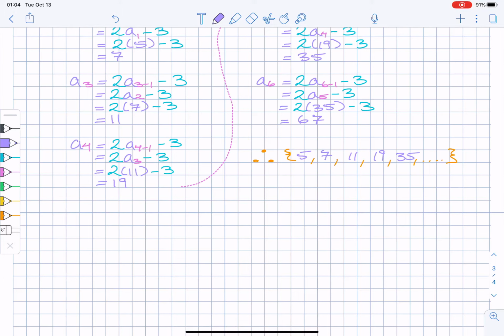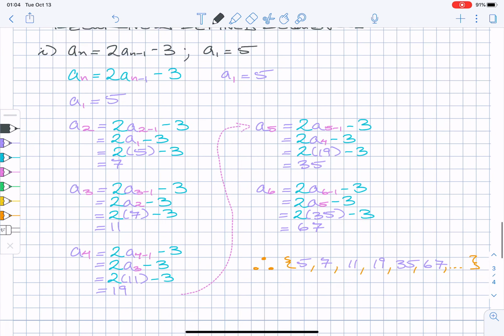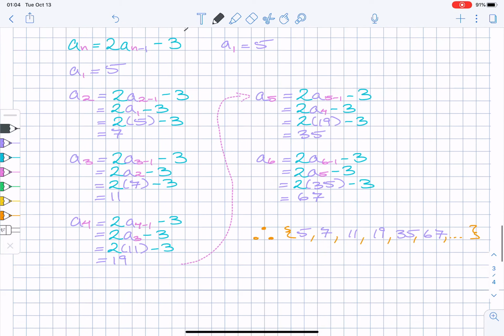Oops, didn't leave enough room for that. And 67, and then it goes on from there. Okay, so that is a recursively defined sequence.